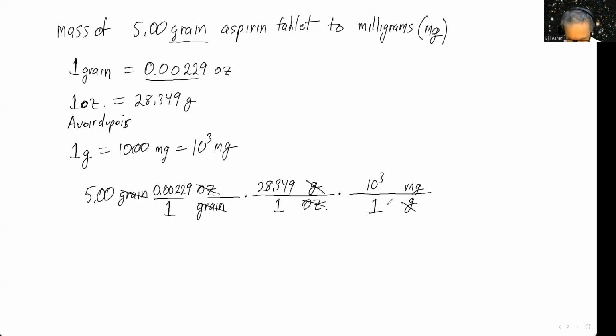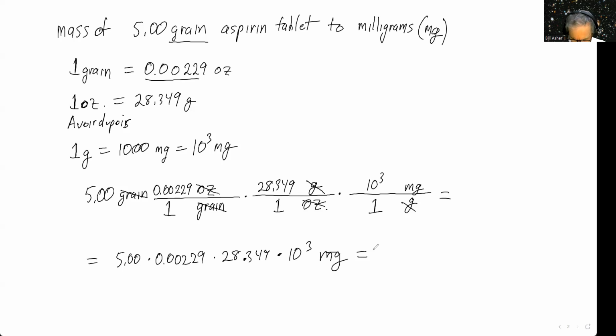So now I just have to multiply all of this out. So it's going to be 5.00 times 0.00229 times 28.349 times 10 to the third milligrams.